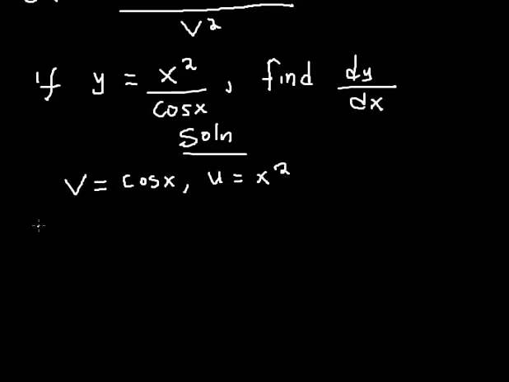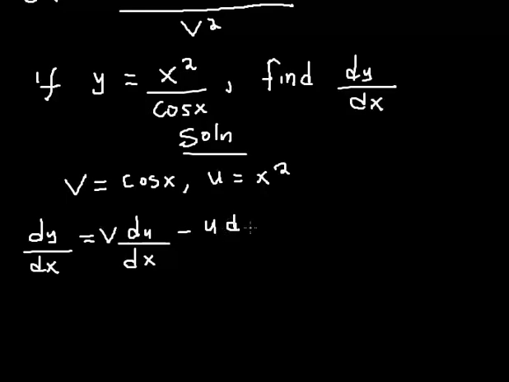So applying our formula, dy/dx is going to be equal to v times du/dx, then minus u times dv/dx, all divided by v squared. So let's start.